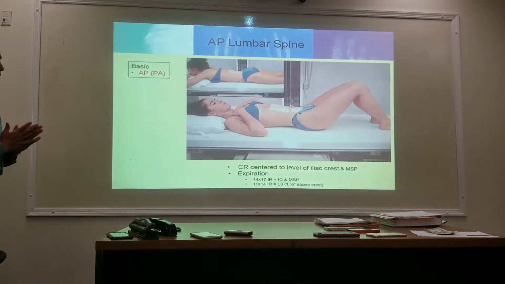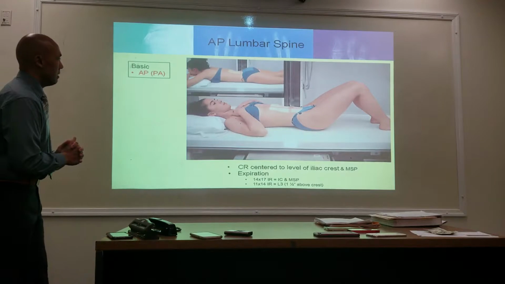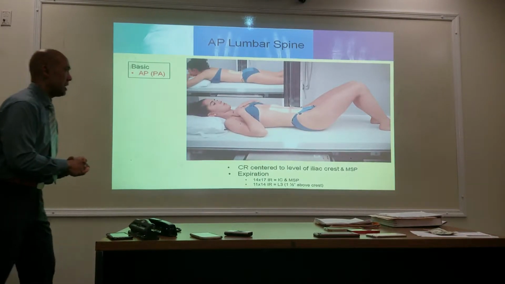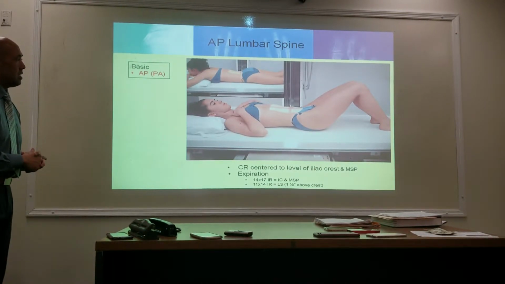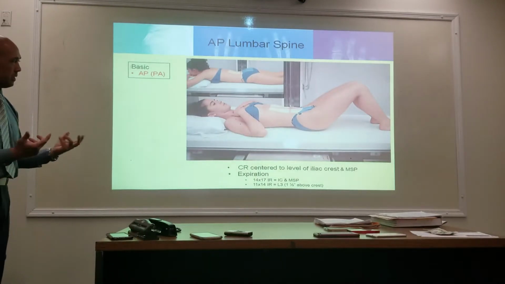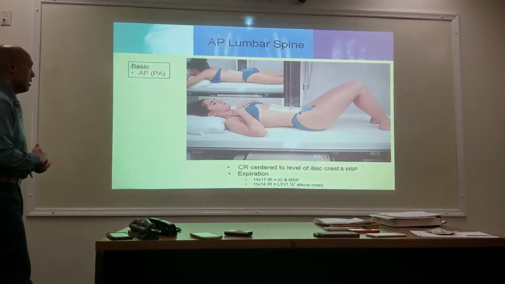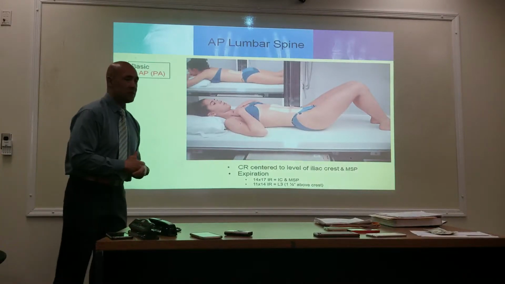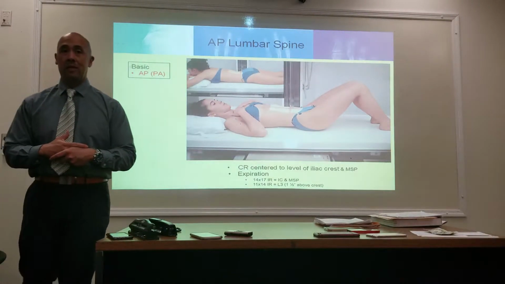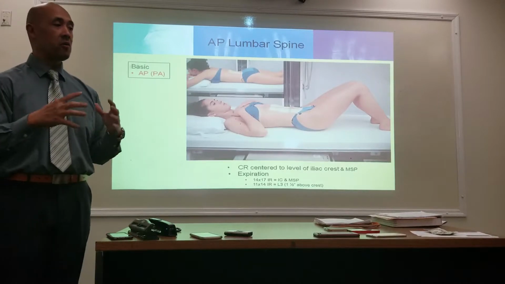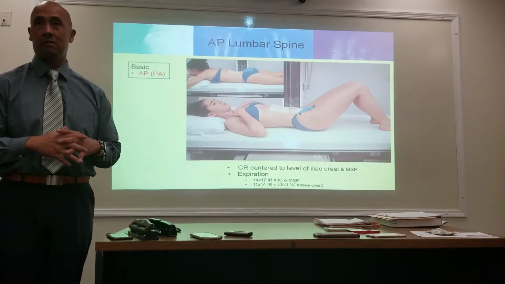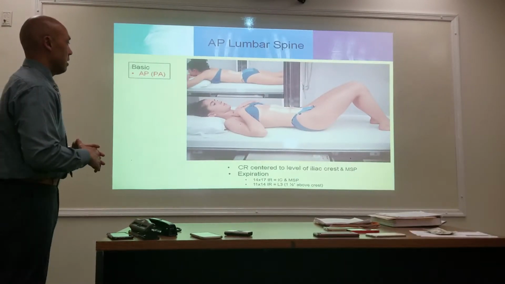AP L spine. You're going to lay them on their back, legs bent. If you can shield them, again, shield them when possible. There are 2 different central rays, based on the size of your field light.